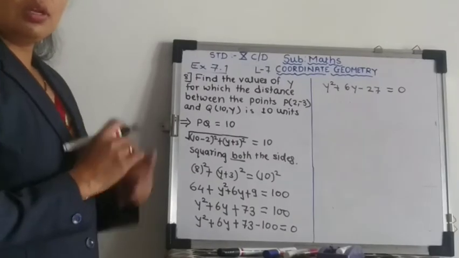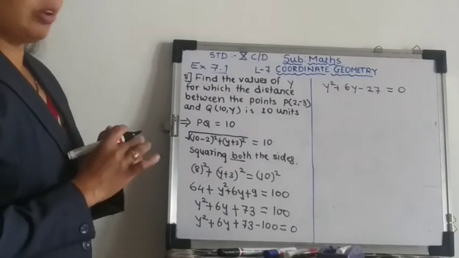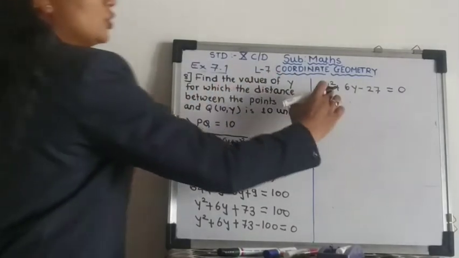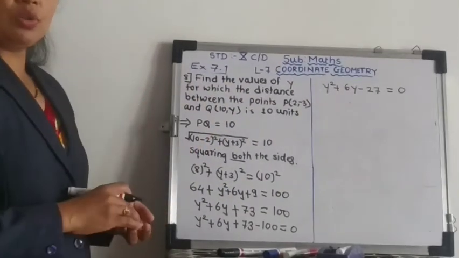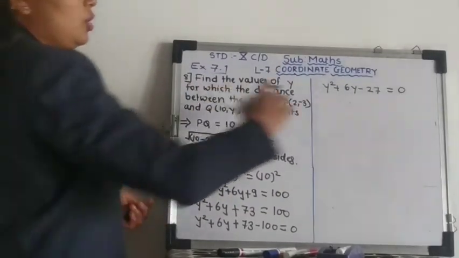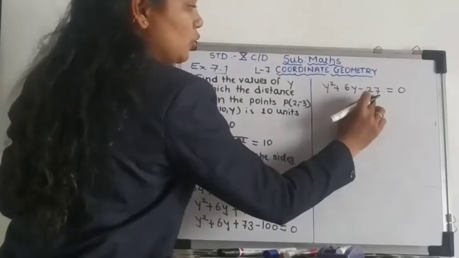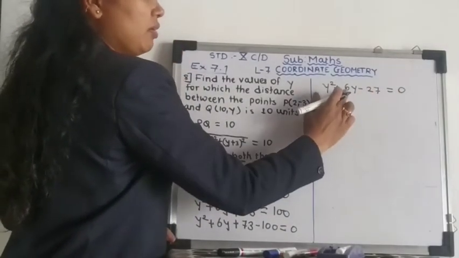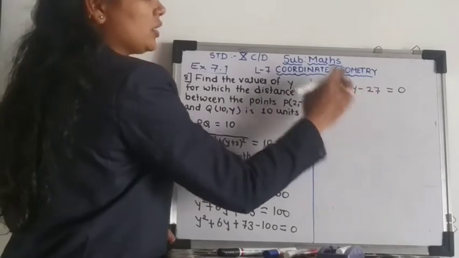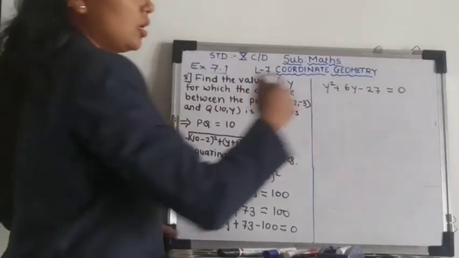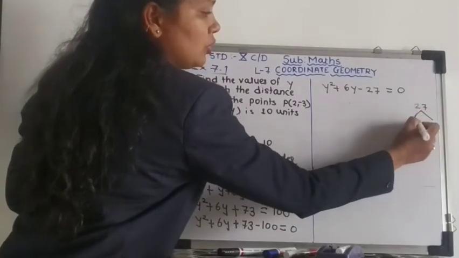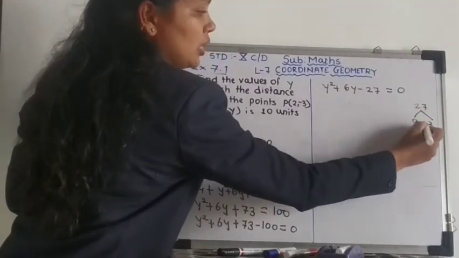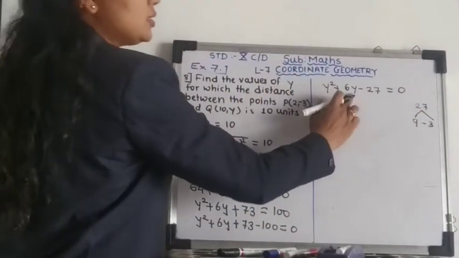Now just tell me what is this? This is a quadratic equation we obtained, right? So after obtaining this quadratic equation, just find out the roots of this. So this 27 we are going to split in such a way that the subtraction equals 6. So 27 is 9 3s, so 9 minus 3 is 6.